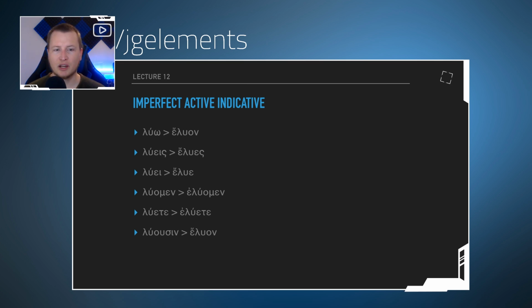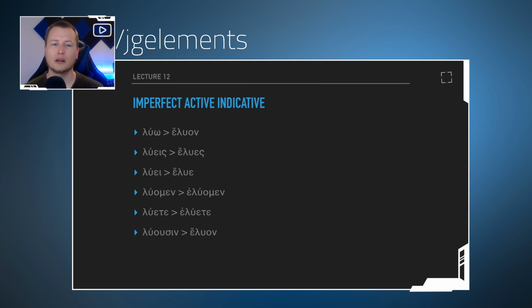So let's look at this example here. We have luo, I destroy. Present tense, right? Luo, luis, lui, luomen, luete, luousin. Okay? The augment is epsilon. You can see epsilon all the way down. Epsilon, epsilon, epsilon, epsilon, epsilon, epsilon. Then we see the nu, sigma, no ending, men, te, nu.